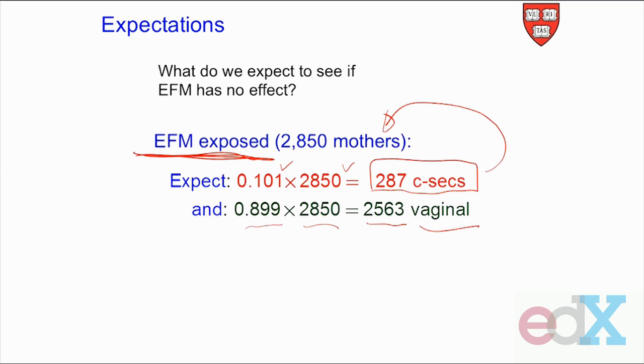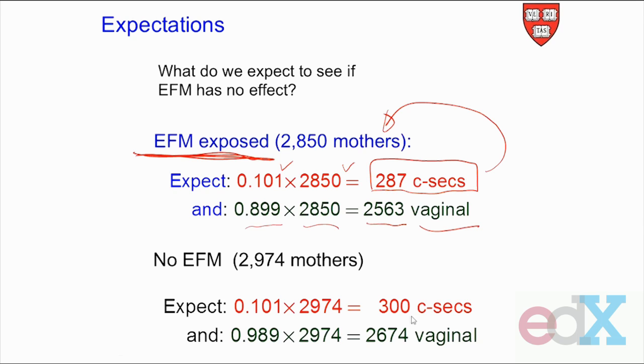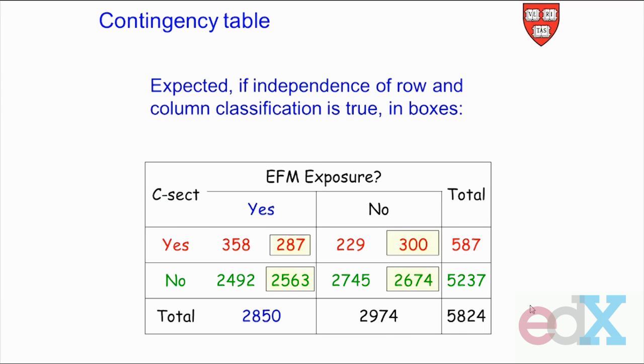Let's do the same thing now for the mothers who were not EFM exposed. Of these 2,974, roughly 10% of them, which comes out to be 300, we expect had C-sections, and the other 2,674 had vaginal deliveries. Let's compare what we expect to what we actually saw.